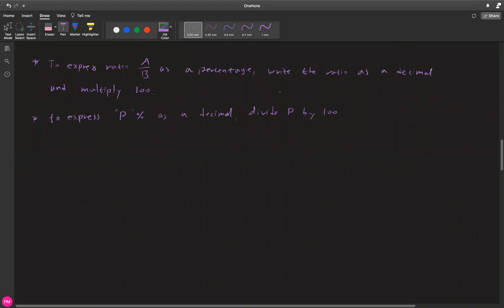This is actually the same statement as the previous one. You go from decimal to percentage by multiplying by 100, and conversely, you go from percentage to decimal by dividing by 100. That's all this sentence is saying.